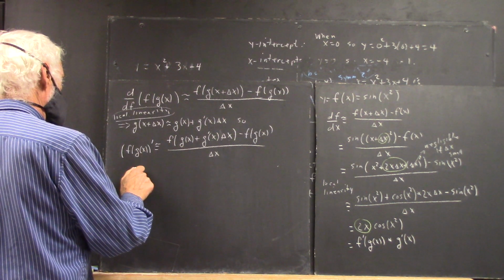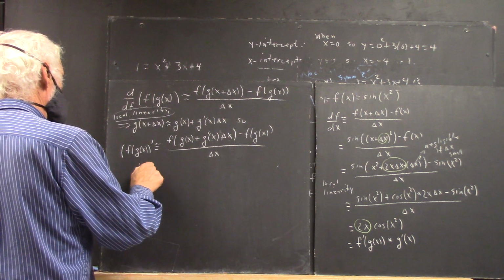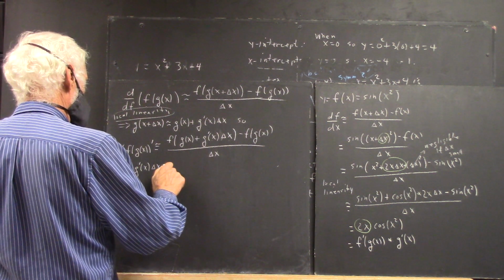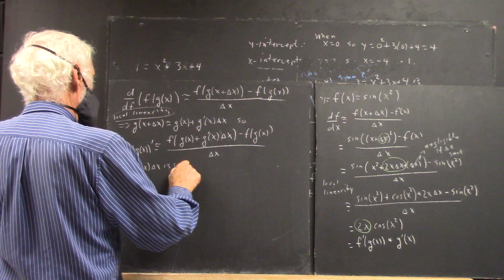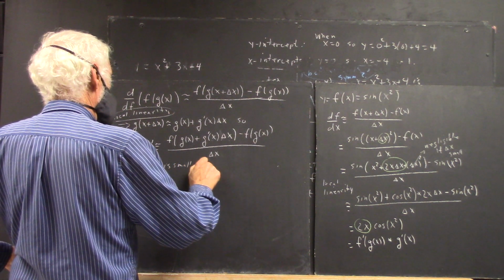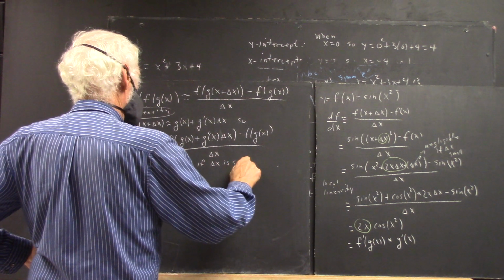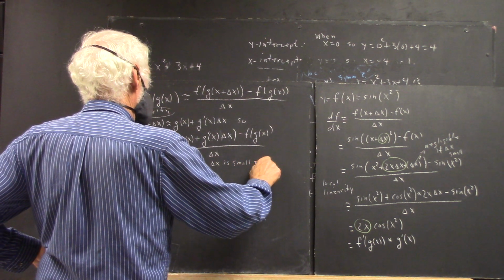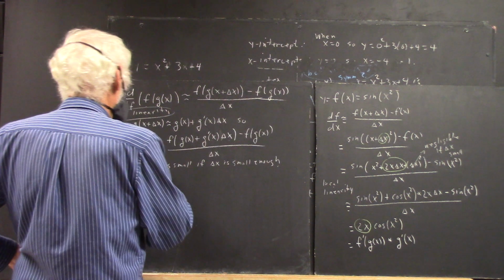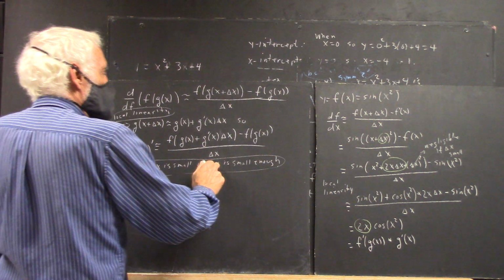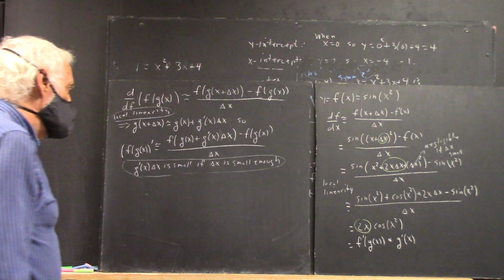So I'll state g prime of x delta x is small if delta x is small enough.